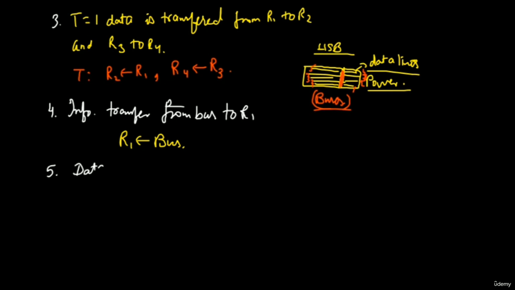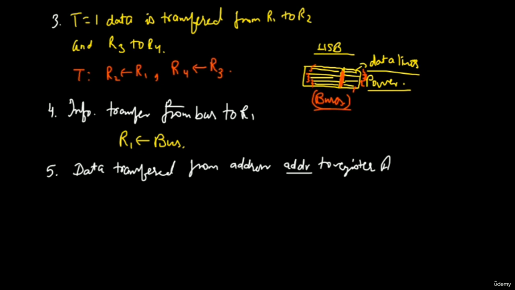data transferred from address, let's name it weirdly ADDR, to register A. So we have this one. So what does it actually do?